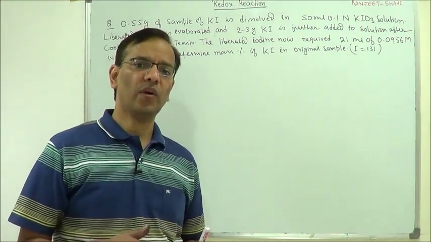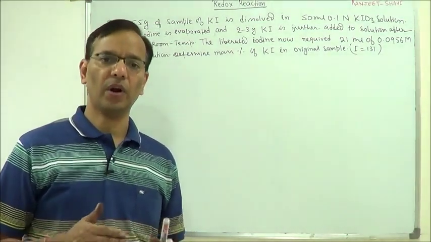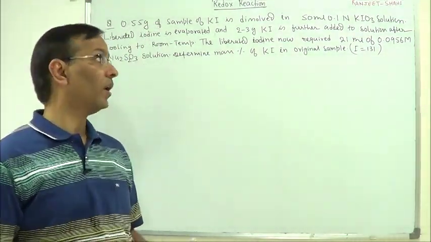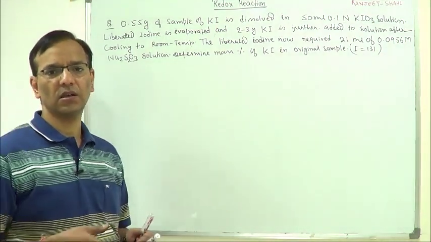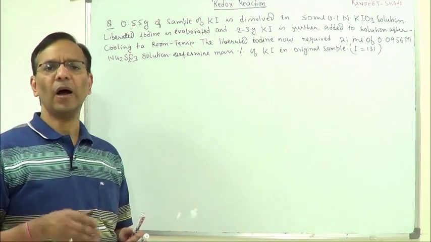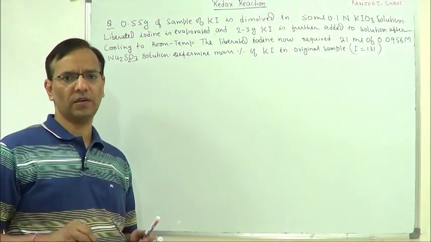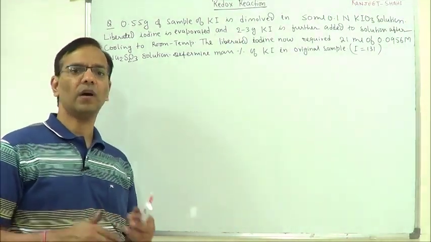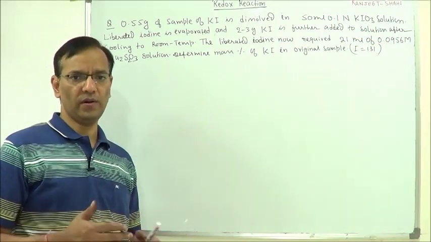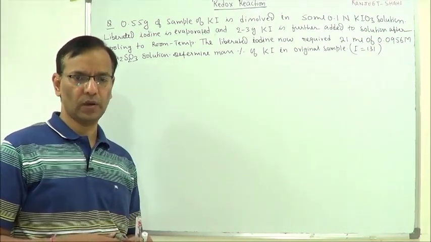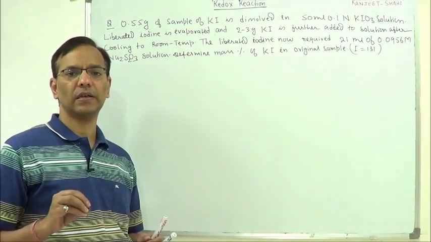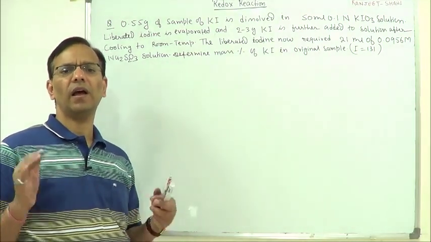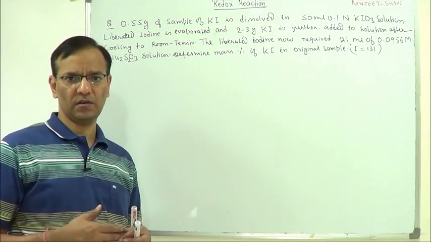Potassium iodide will react with potassium iodate, KI will react with KIO3, and iodine from both reagents will be converted to iodine, I2. The I2 produced in the first stage is eliminated by evaporation.